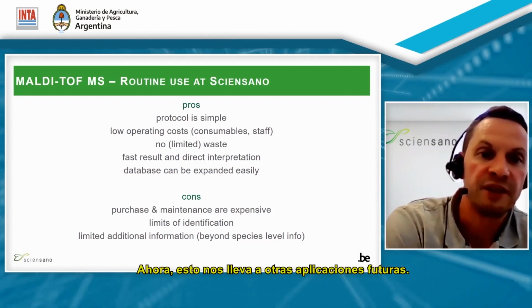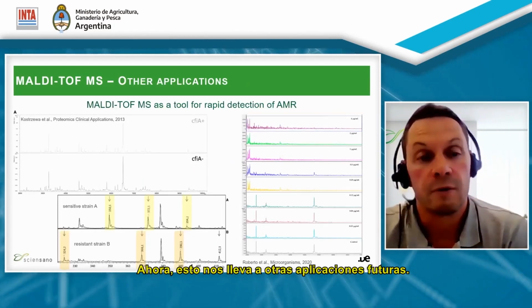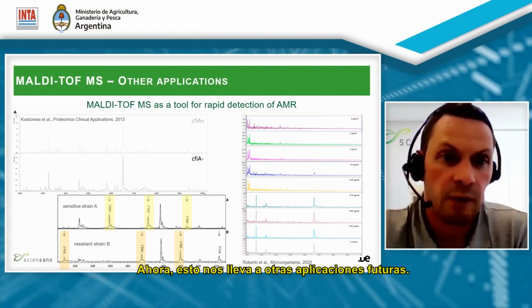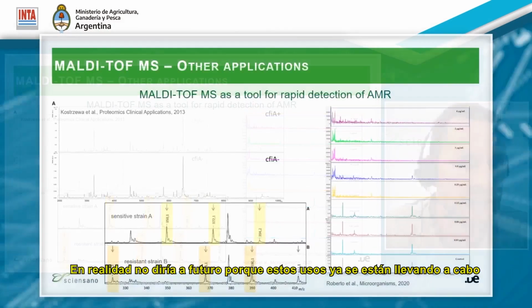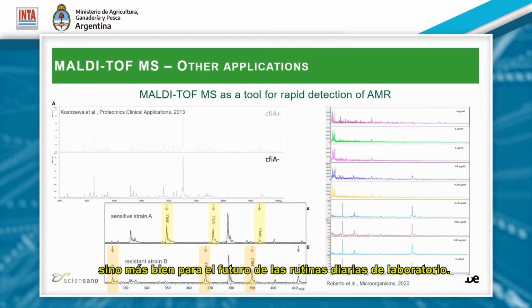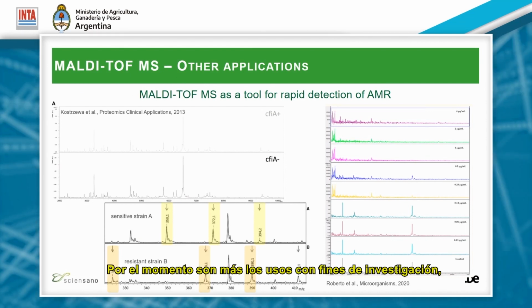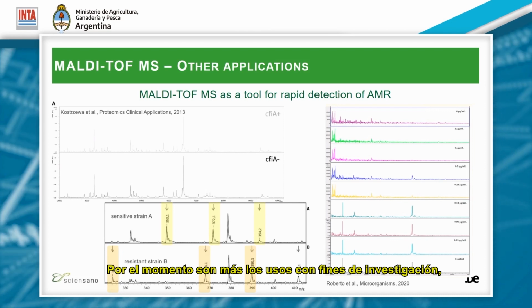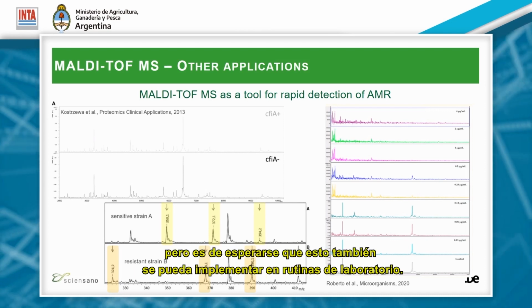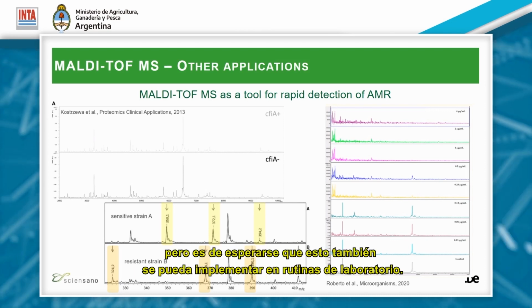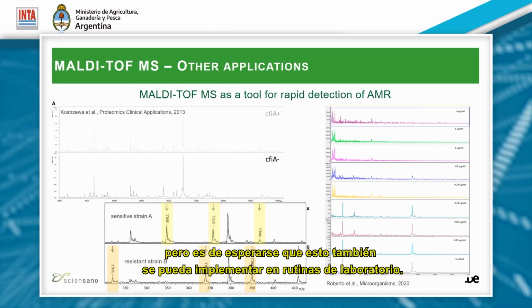Now, this brings me to some other future applications. I would not say really future because these things are really ongoing, but maybe rather future towards routine labs. So it's more research applications for the moment, but hopefully towards the future, this will also be able to be implemented in routine labs.